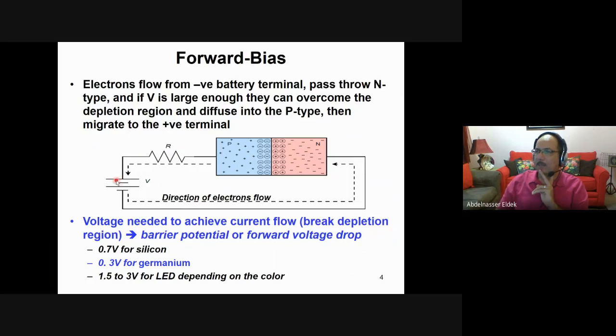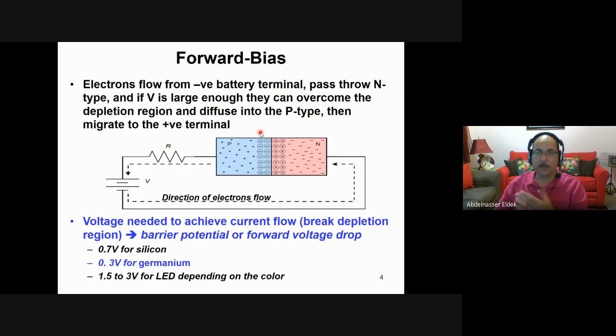If we have this battery connected, so the positive is connected to P and the negative is connected to N, then the positive will be pushing the positive here. Positive and positive, there's a repulsion. Then the positive gives power to this one to move to the other side, and the negative will push the electrons to move to the other side.